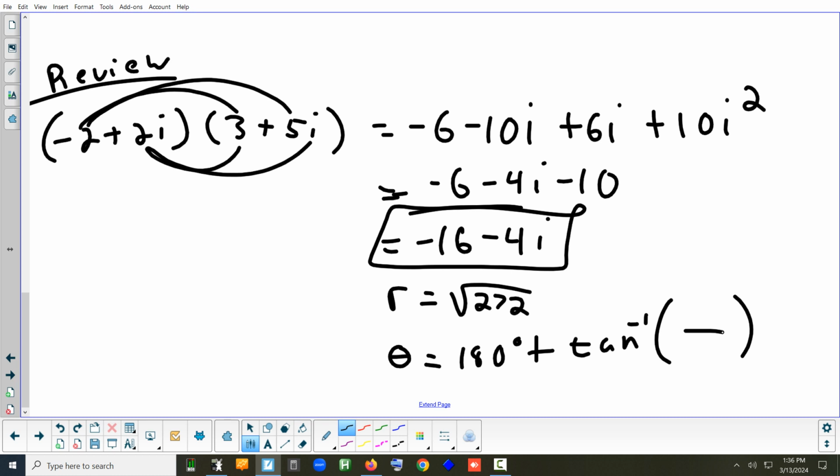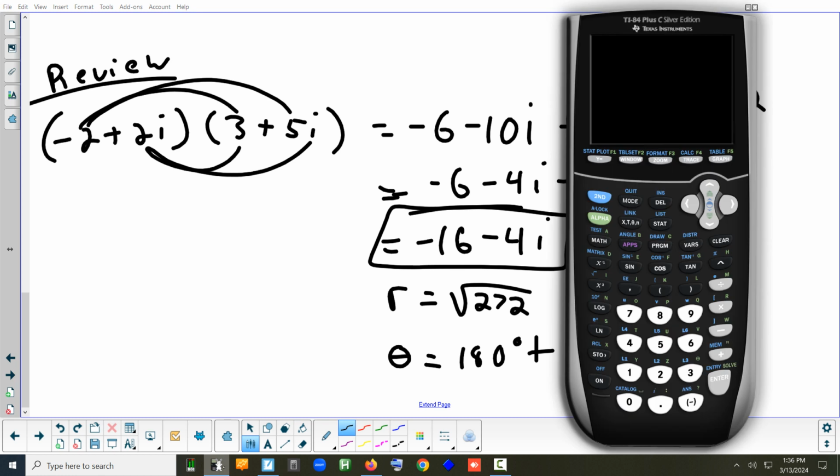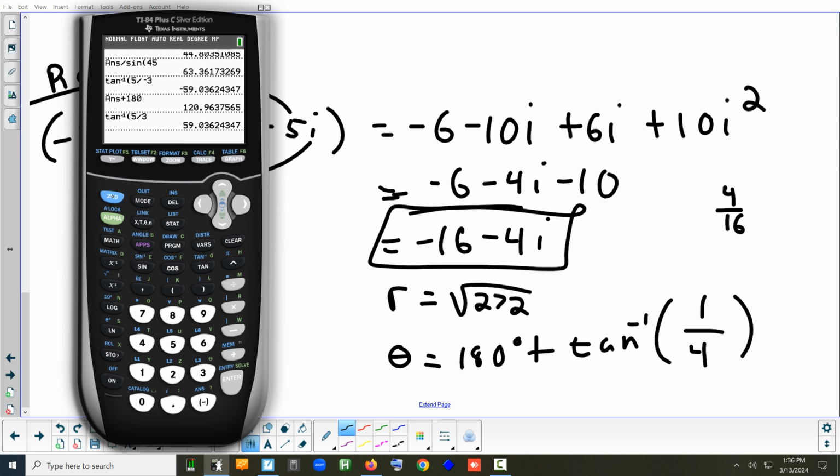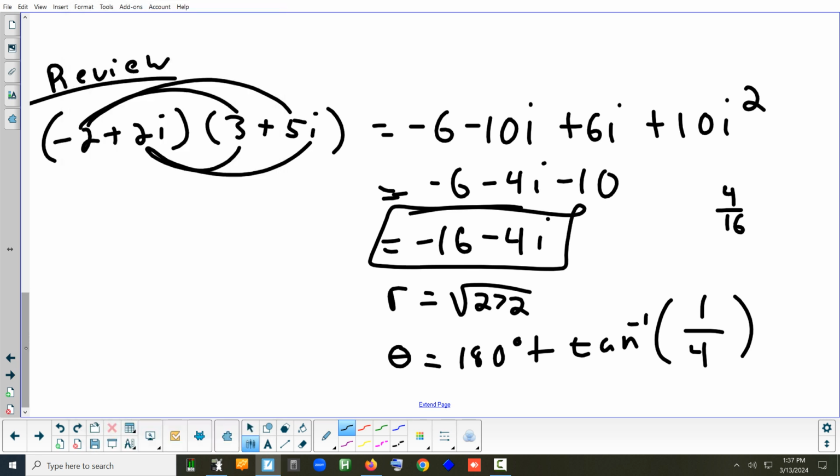So it's really just going to be the inverse tangent of 4/16, which is just 1/4. All right, let's see what we got. Inverse tangent of 0.25 plus 180. We get an angle of 194.036.